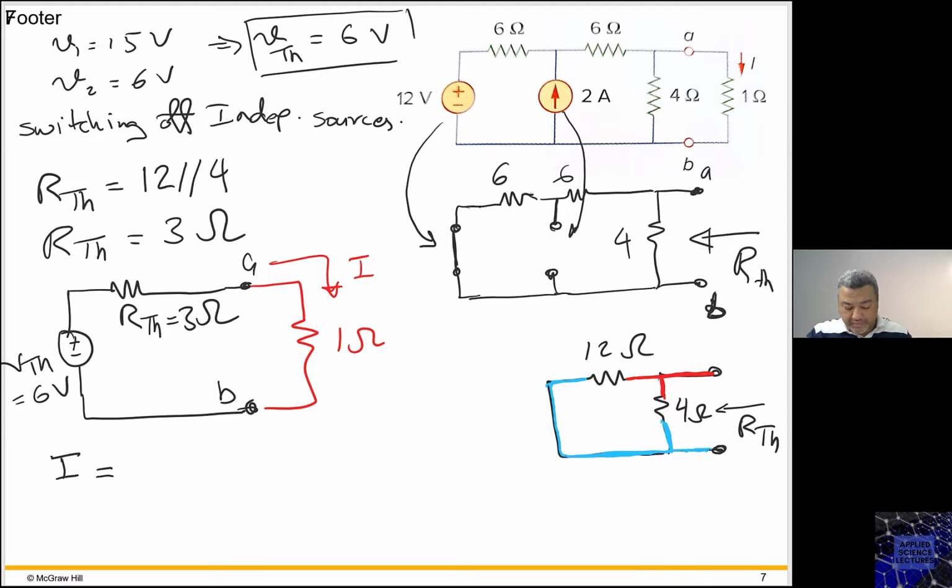Look here. Don't you see 4 and 12 are sharing both nodes, both terminals? I am looking between A and B. What do I see? I see 4 and 12 connected in parallel. Isn't that right?